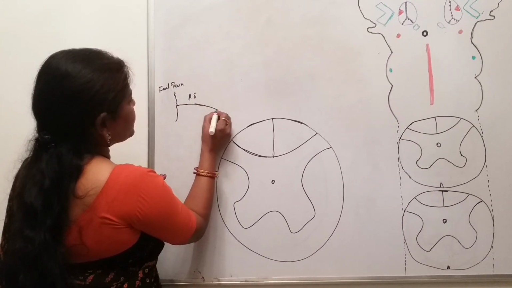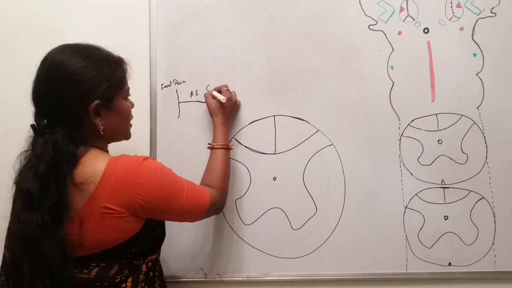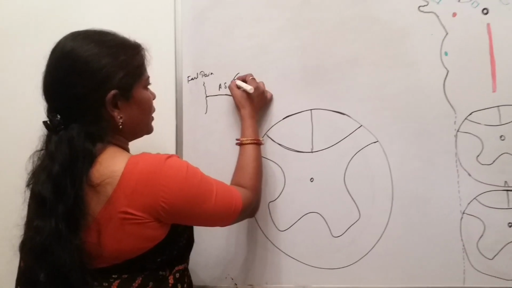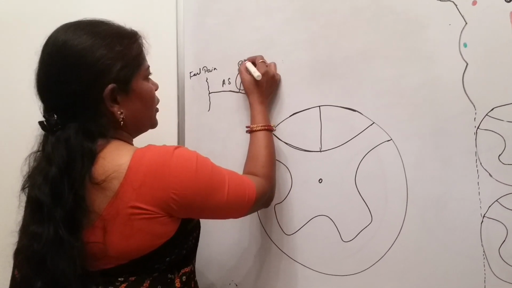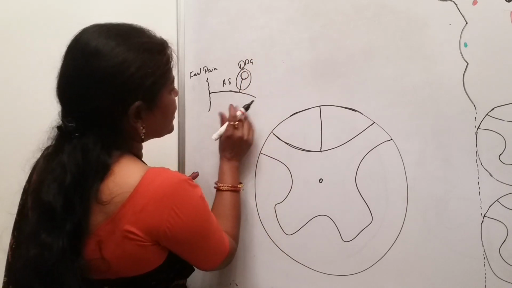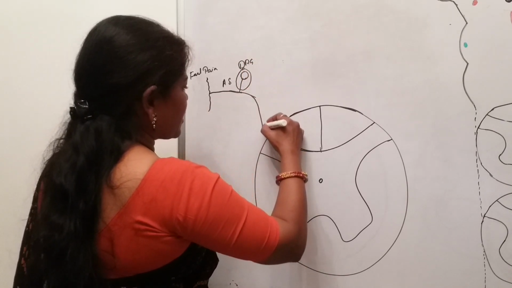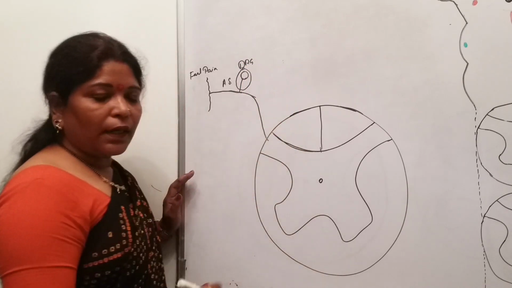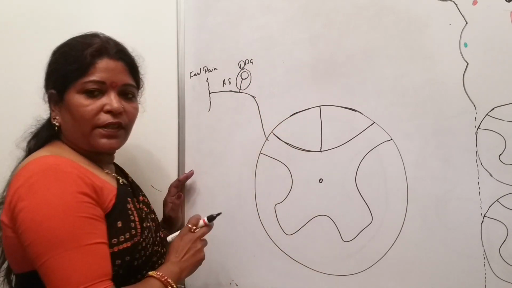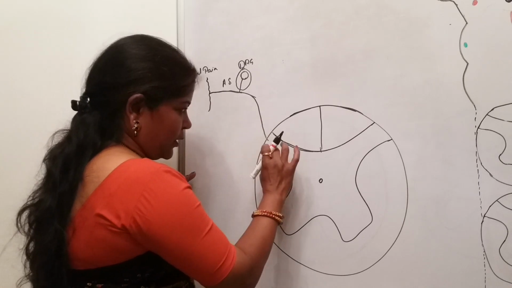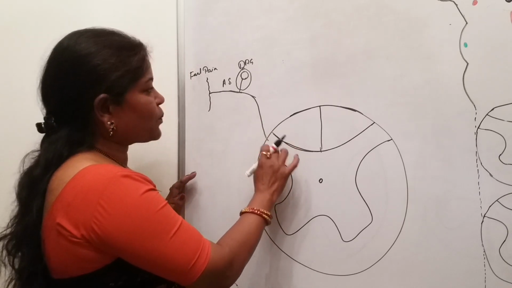This is the pseudo unipolar neuron, that is the dorsal root ganglia, and the central process is coming towards the central nervous system, that is the dorsal gray horn of the spinal cord.